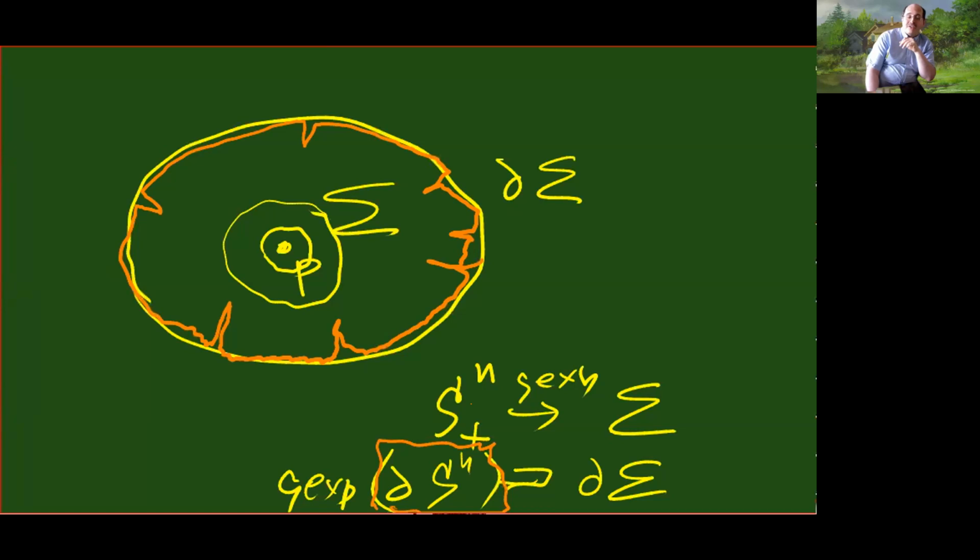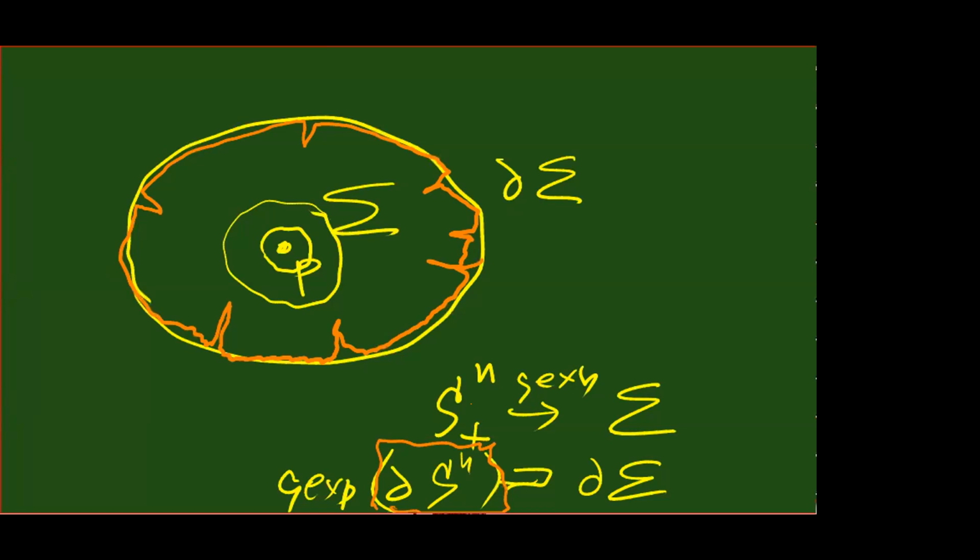Also, the fact that the image contains the boundary is not obvious. You have to work, but I showed the idea of how to use the gradient exponent. At least you can prove something new and interesting.